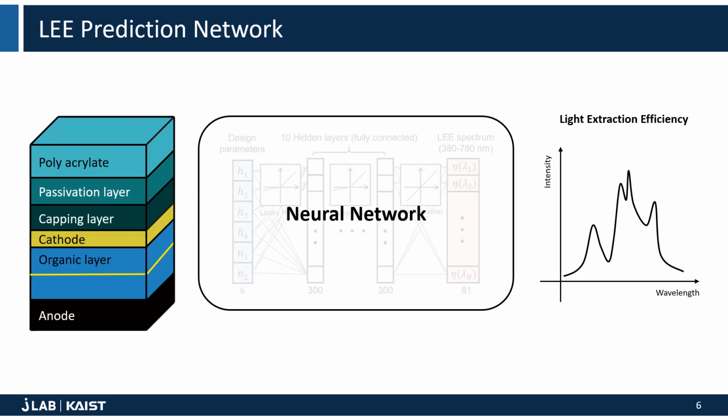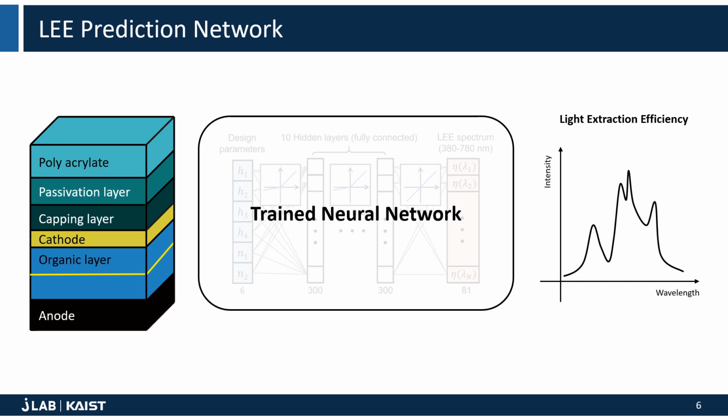So let's take a look at a simple example. Suppose we have a planar structure and we use the thickness of each layer as an input parameter. In this case, we first need to generate the data set by simulating many different combinations of the layer thickness. Based on this data set, we train the neural network.